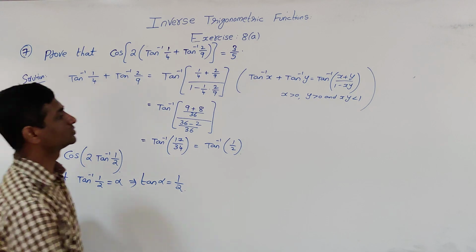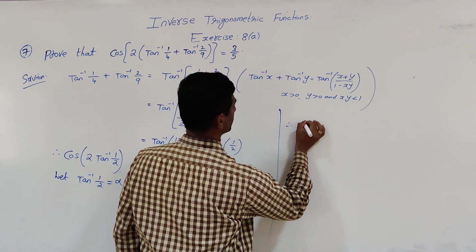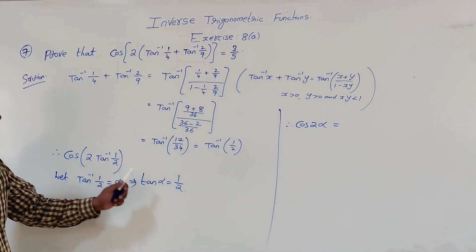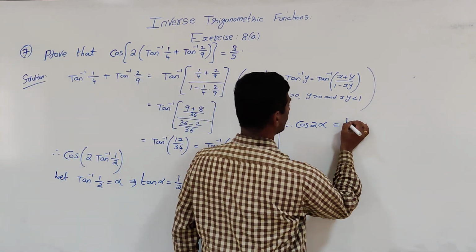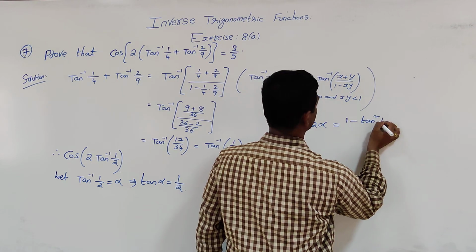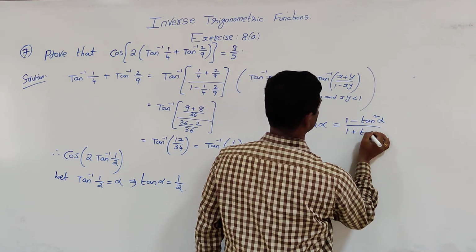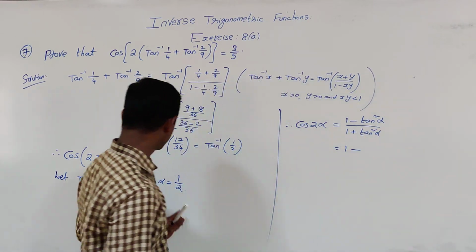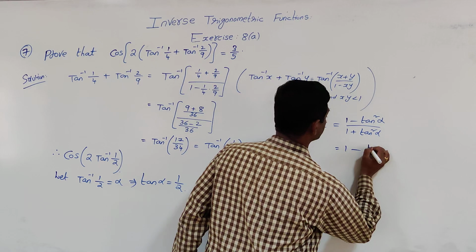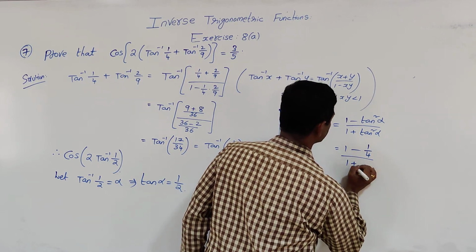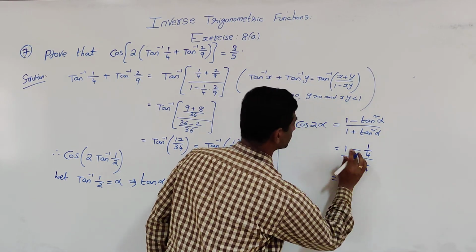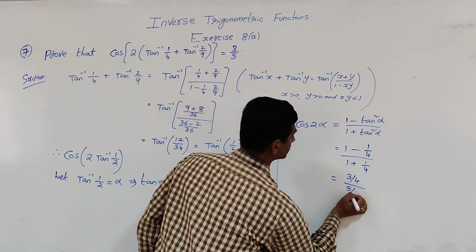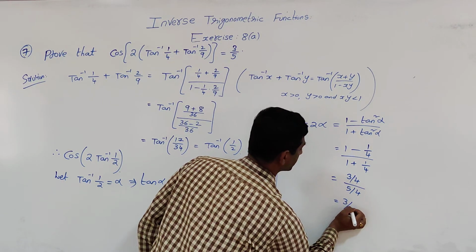Now this reduces to cos 2 alpha. In terms of tan alpha, cos 2 alpha is (1 − tan²alpha)/(1 + tan²alpha), which is (1 − 1/4)/(1 + 1/4), that is (3/4)/(5/4). So again it is 3/5.